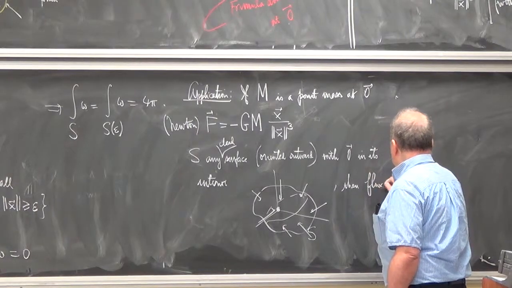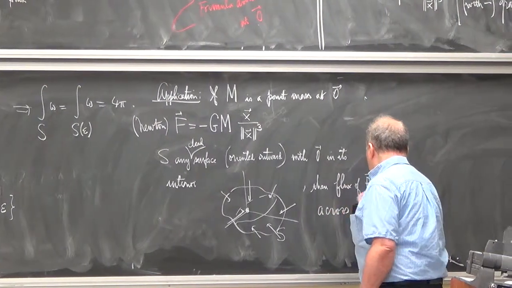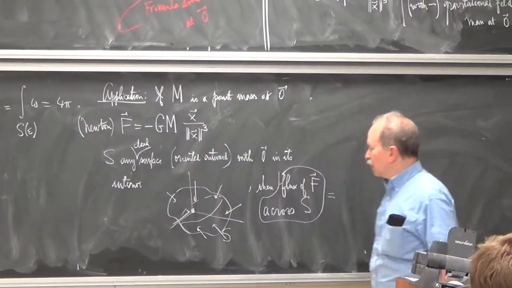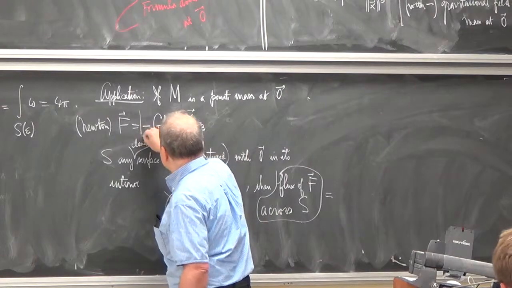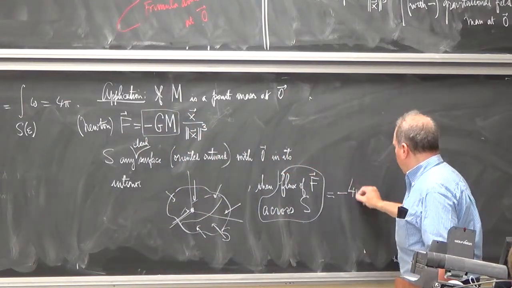The flux of F across S is, well, I put in these constants. It's just going to be minus 4 pi Gm.